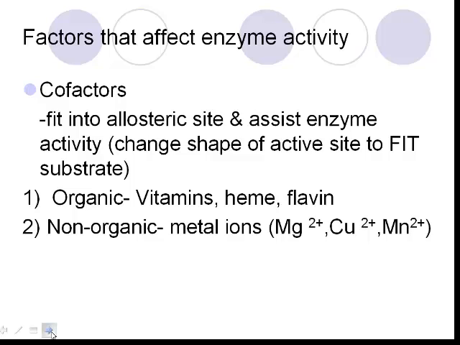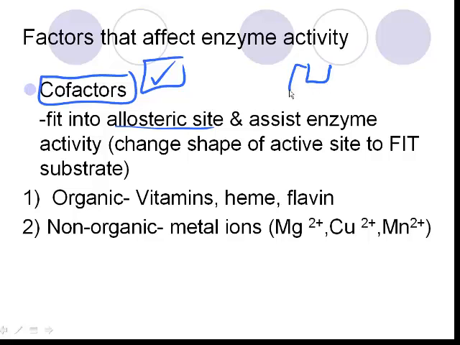And then the last thing here is cofactors. It's really similar to the inhibitors, but these are good. Okay, so they do the same thing. They fit into allosteric sites, and when they do, instead of it causing it to become denatured and not fit, it actually changes it into something a little bit better.